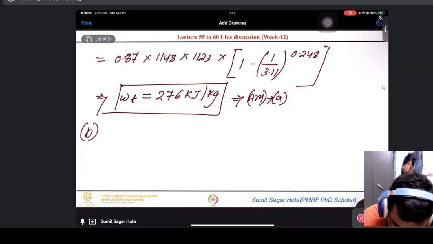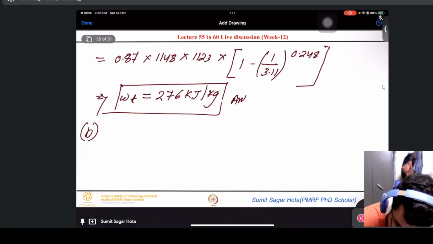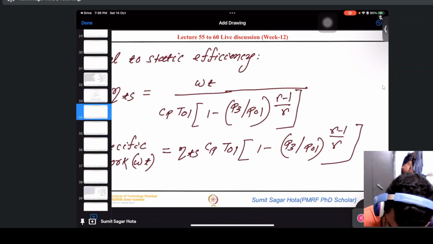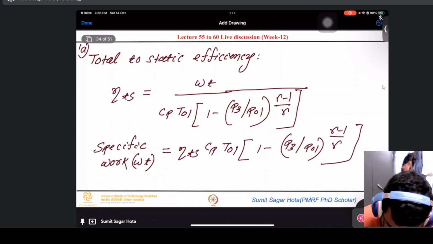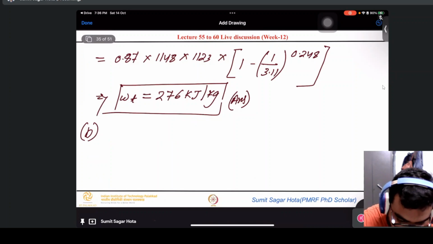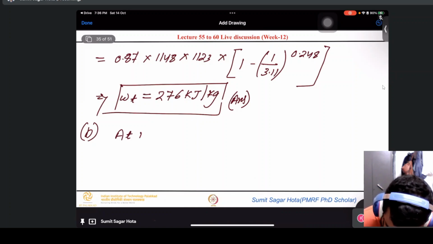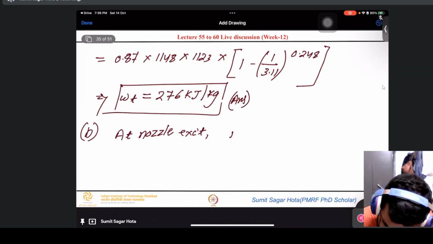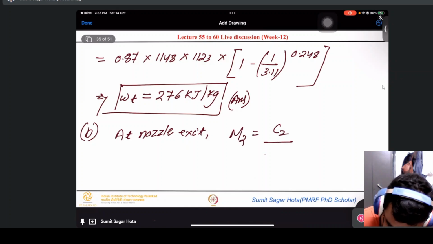Now the second bit: the Mach number at nozzle exit, M2 is equal to C2 by square root of gamma R T2.